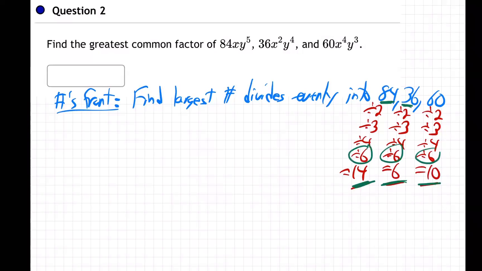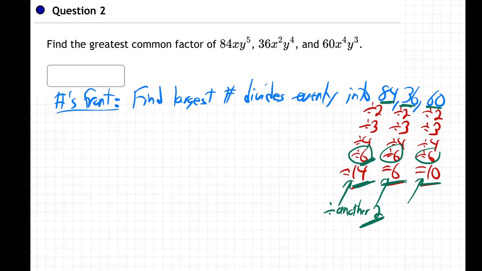I divided by 6 and got these 3 results. I took the original 3 numbers, and I'm just trying to divide by bigger and bigger numbers. I divided by 6, and I got 3 answers, and they have more in common. What else can I still divide by? Divide by another 2 for all 3 of them, right? So when you're dividing by 6 and you're dividing by another 2, you're really dividing by 12.